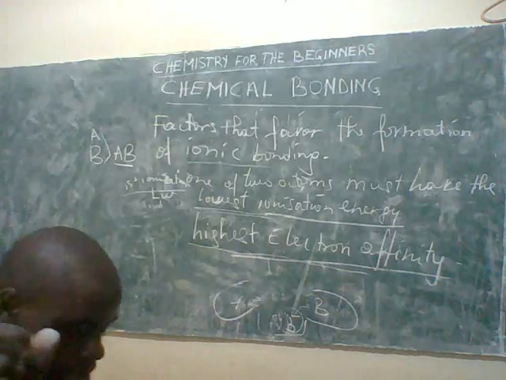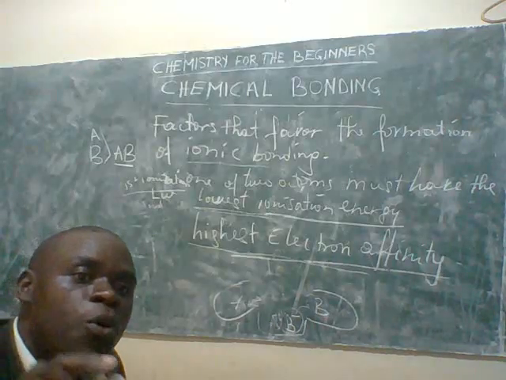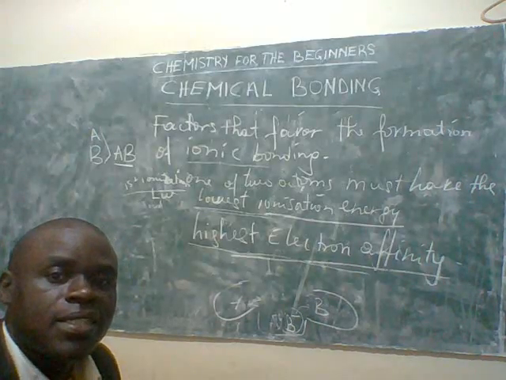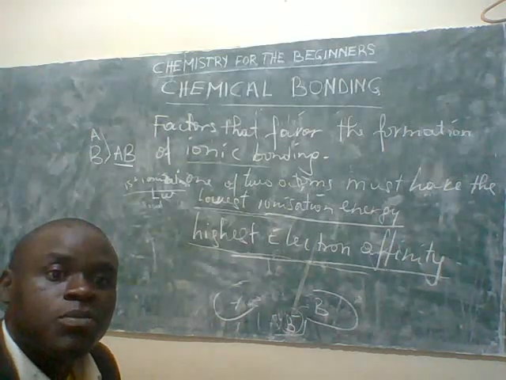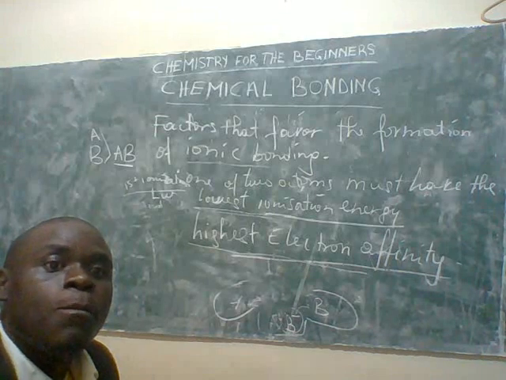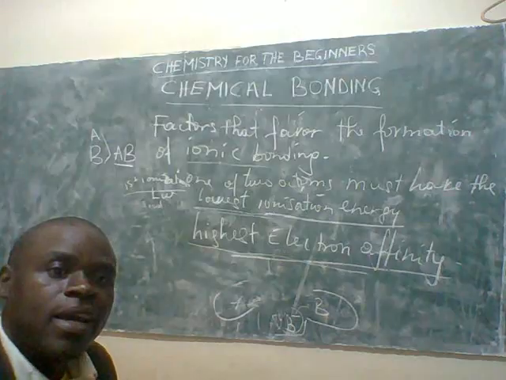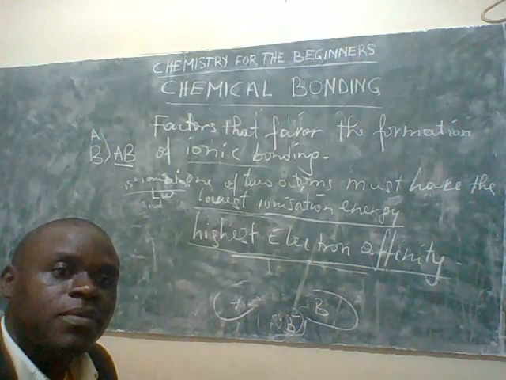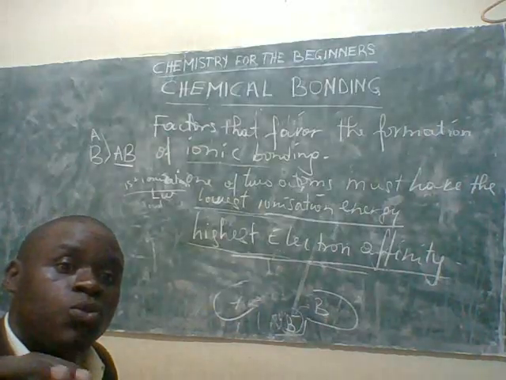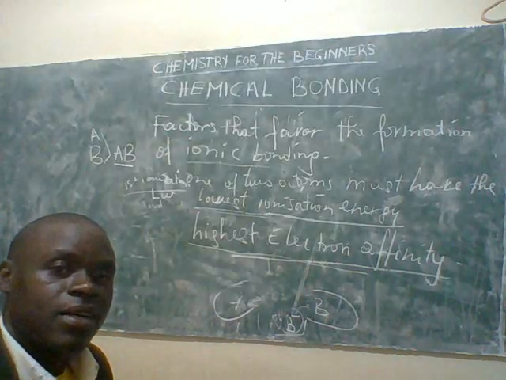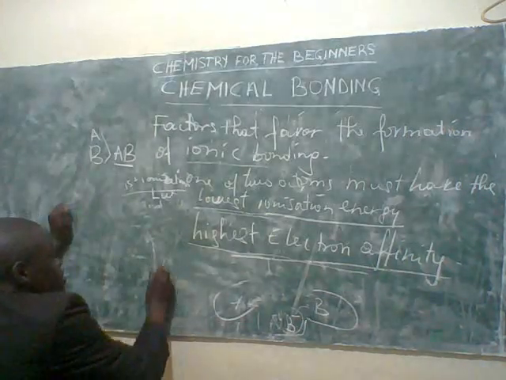Electron affinity is the energy absorbed. It can be energy absorbed or energy produced or emitted when an atom gains an electron. I don't know how I'm going to explain it, so let us use this.